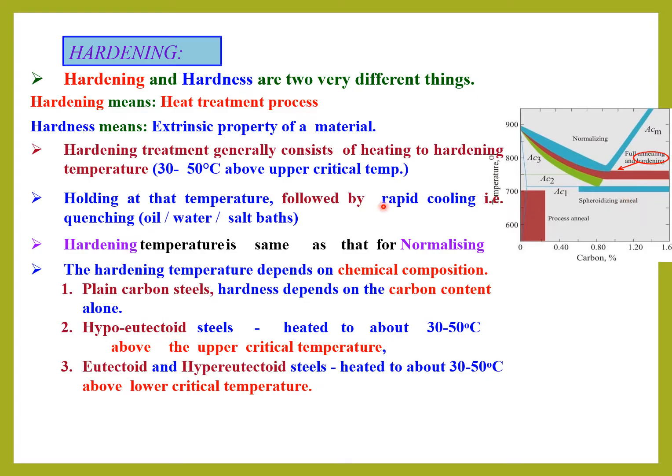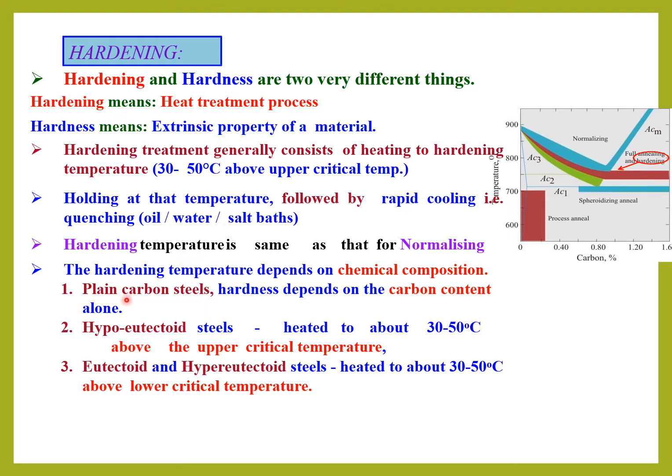So above the upper critical we heat up to 30 to 50 degrees centigrade, wait for some time, and then we can cool it in different quenching mediums like water, oil or salt baths. Mainly hardening is required for gear components and machining products. All these components need an increased hardness level.